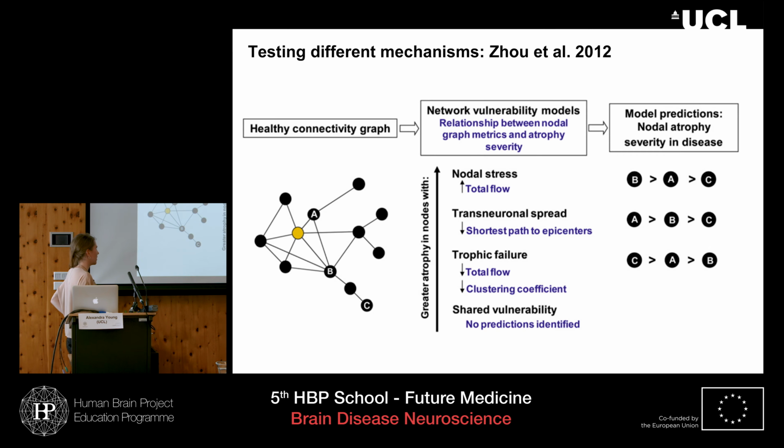They predict that if your disease progression is influenced by nodal stress, you'd see an increase in graph theoretic measures of the total flow along the network. Whereas if it's a transneuronal spread mechanism, you'd see a decrease in metrics showing the shortest path to the epicenters. Then for trophic failure, you have a decrease of total flow and a decrease of clustering coefficient. And for shared vulnerability, they don't identify any predictions.